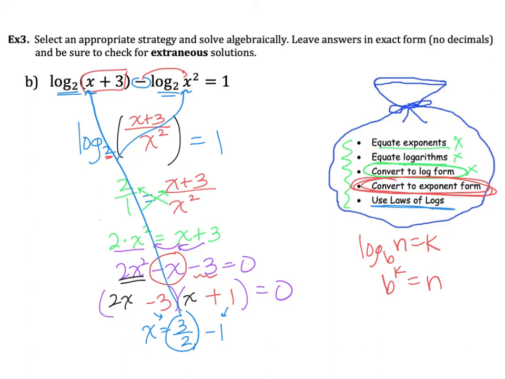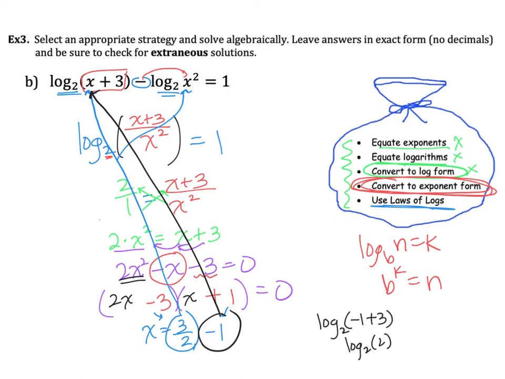The second one, I take the negative 1, I plug it in here. Negative 1 plus 3 is positive 2. So that should work, right? So I get log base 2 of 2, and then I get minus log base 2. Well, negative 1 squared is just positive 1.